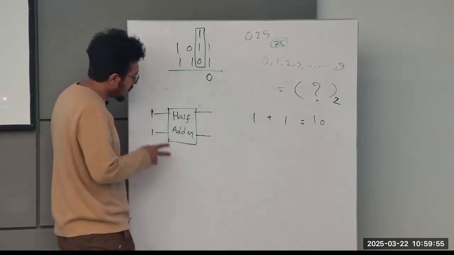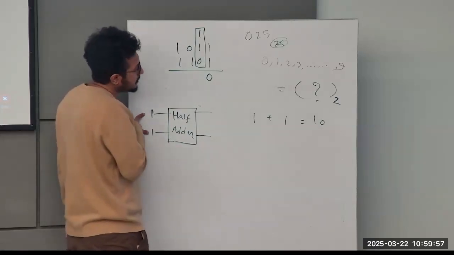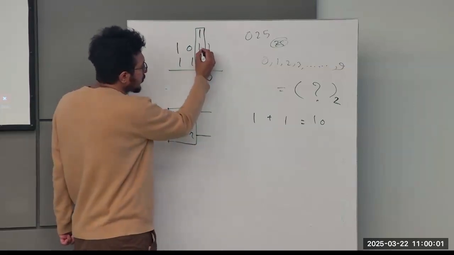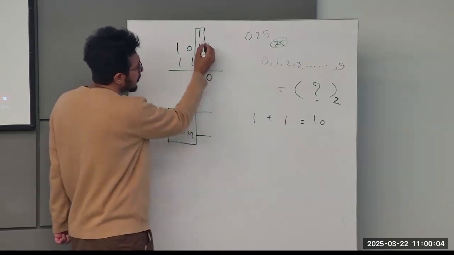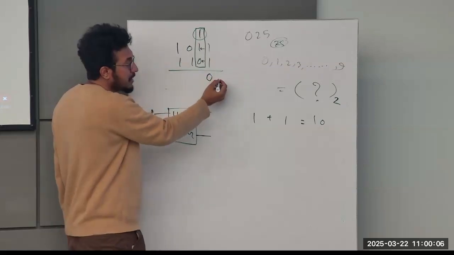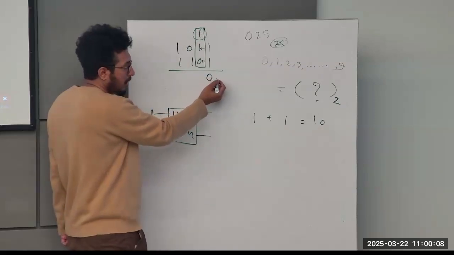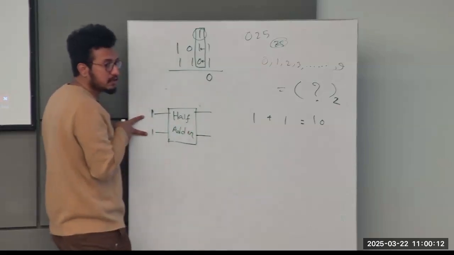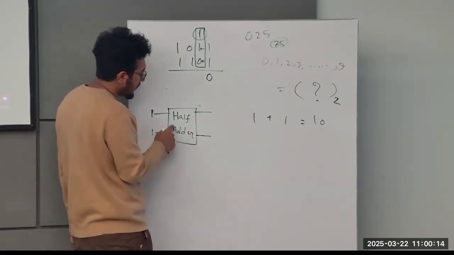It cannot, because it only has two inputs. But the next binary bits has how many inputs? Actually, it has two inputs, like 1 and 0. But this one is coming from the previous output, right? But it only has two pins. That's why it is called a half adder.